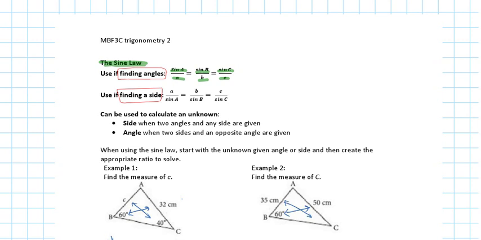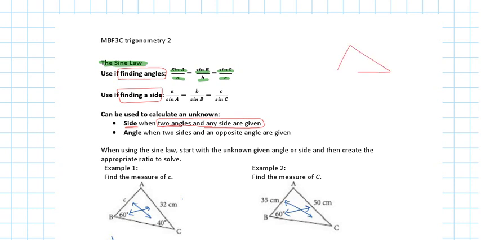Now, here's the scenario. You can find the side when two angles and any side are given. So if they give me angle A and angle C, and any side, doesn't matter which side, I can use the sine law. Pick a side.